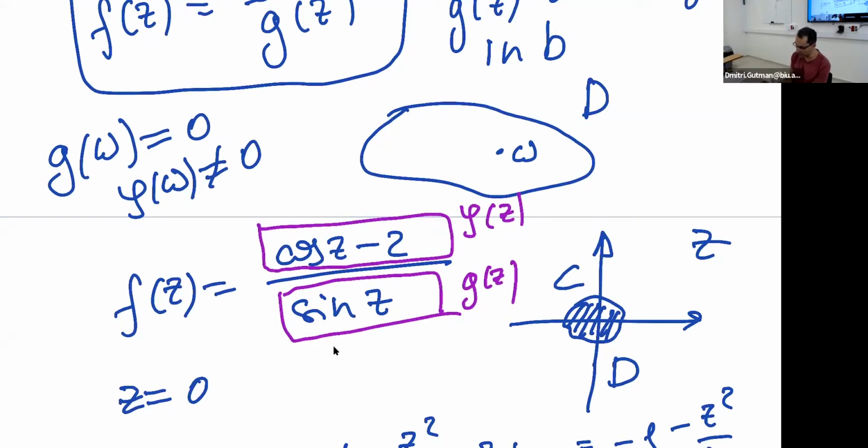Therefore, this was a singular point for the function f of z. Because function g of 0 has a 0, it means that the function f of z has a pole. Now, the 0 of the function g of z was of the first degree.